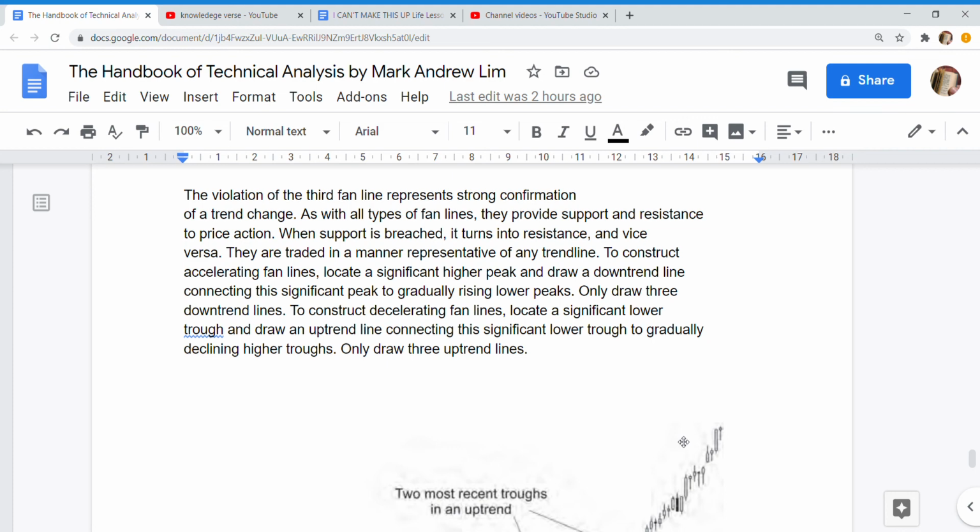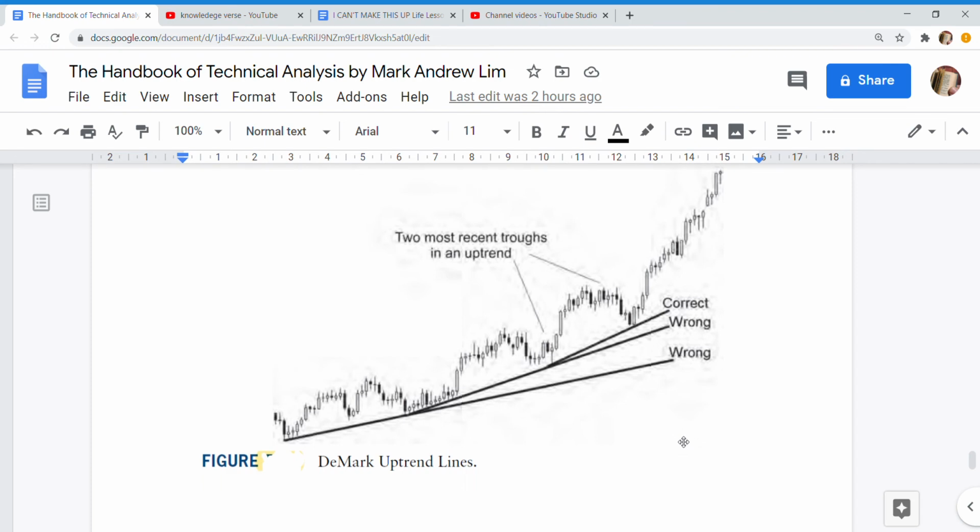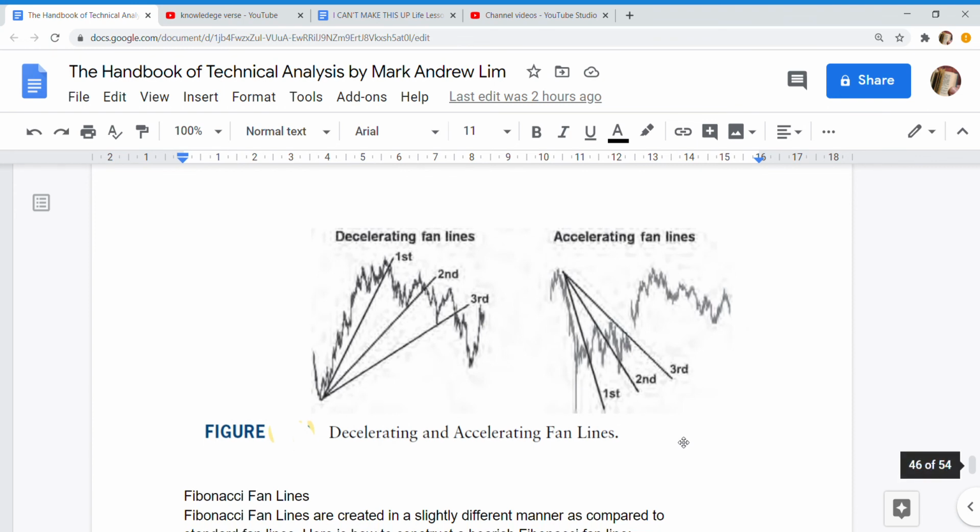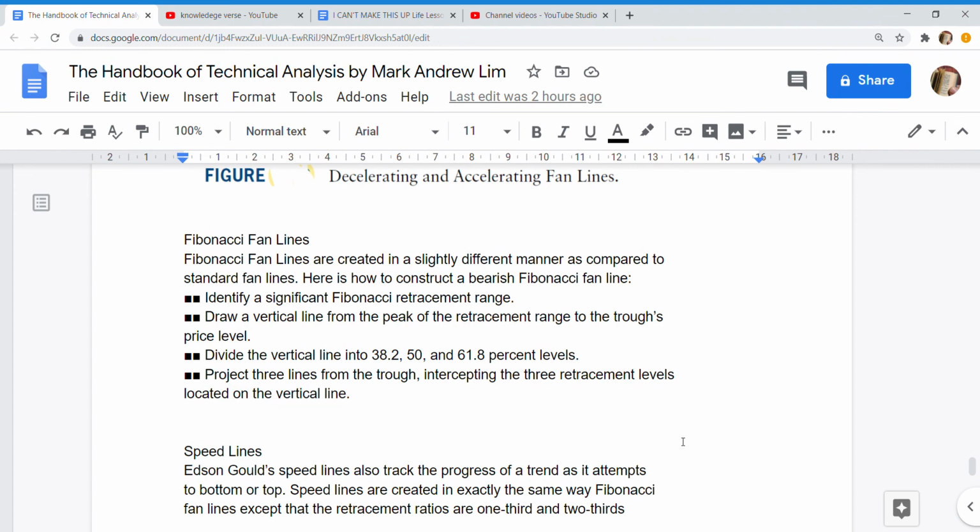To construct decelerating fan lines, locate a significant lower trough and draw an uptrend line connecting this significant lower trough to gradually declining higher troughs. Only draw 3 uptrend lines.